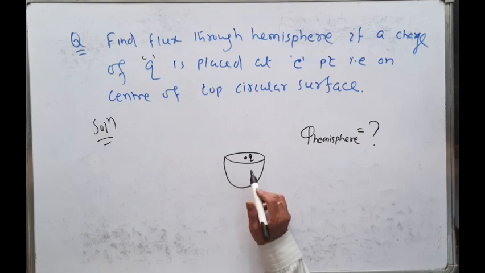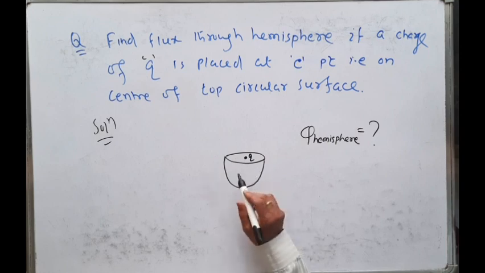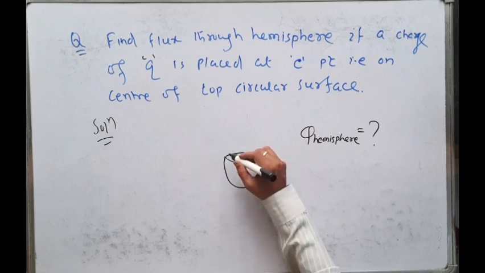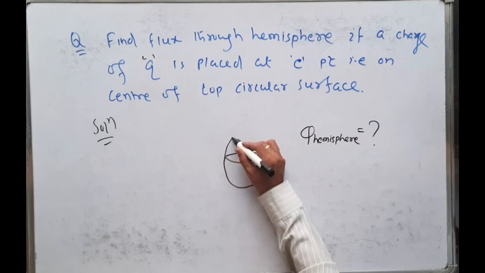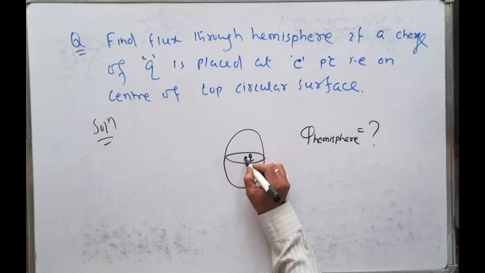It is not lying within a closed surface. So what will we do? We will use Gauss law, and for that we have to take a Gaussian surface to make it a closed surface. So I will take an imaginary hemisphere above this hemisphere of the same radius.